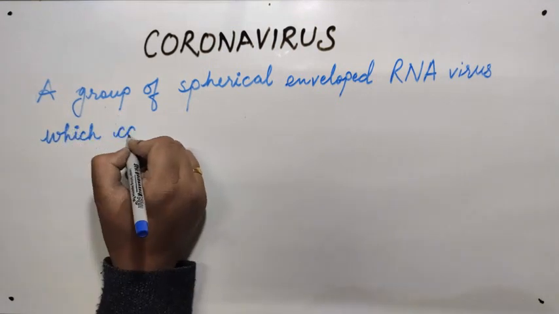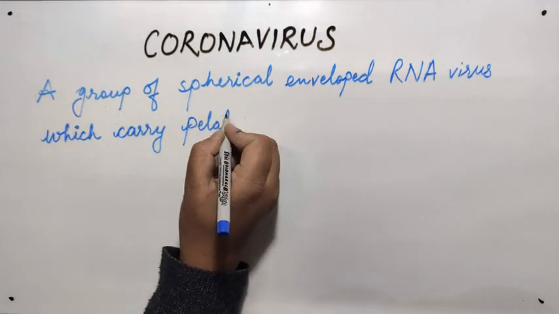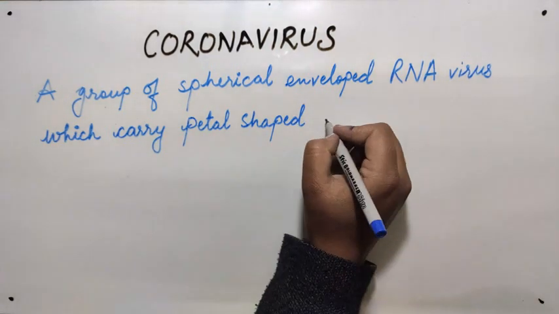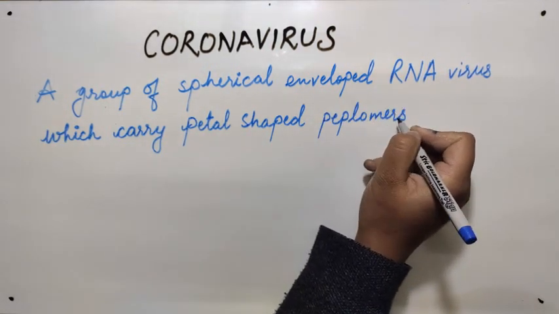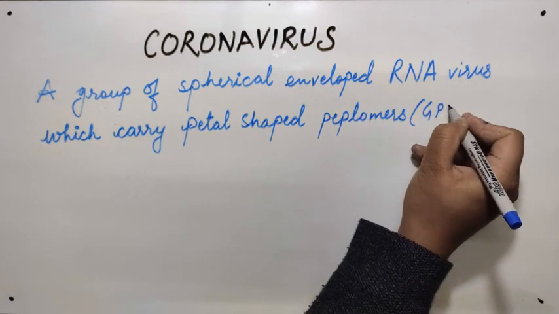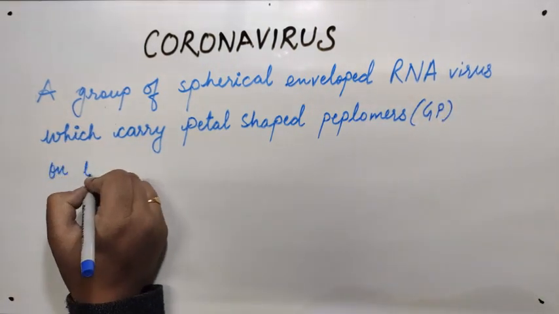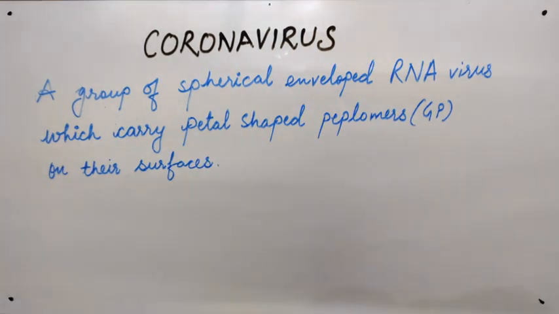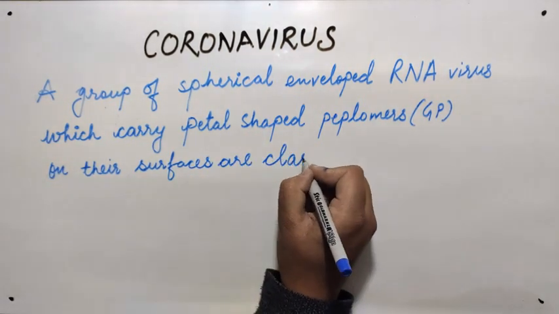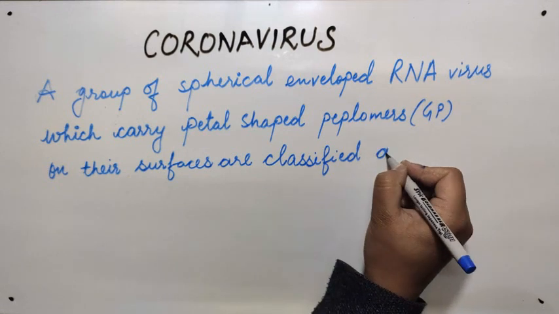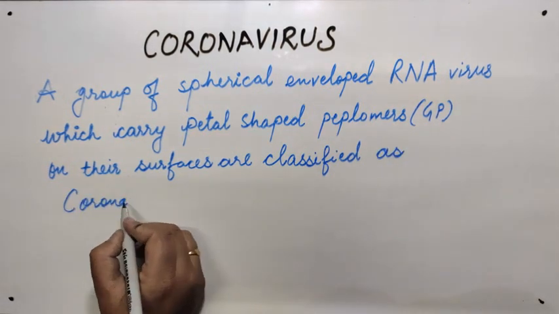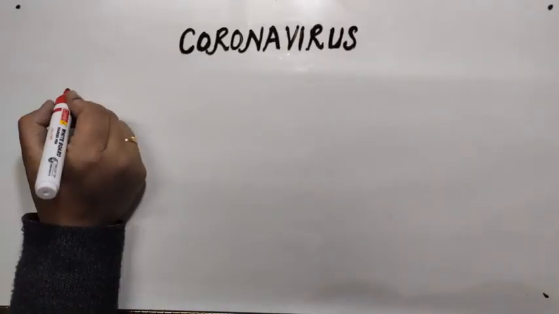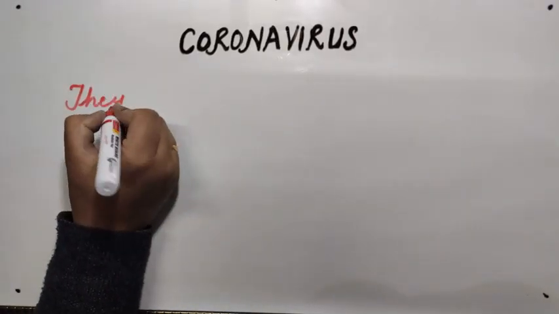A group of spherical enveloped RNA virus which carry petal-shaped peplomers. Now, peplomers are the glycoproteins which are on the surface of the virus. This group has been classified as coronaviruses. Many serotypes of human coronaviruses have been recognized.